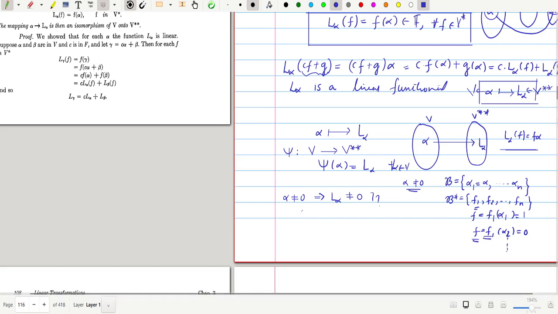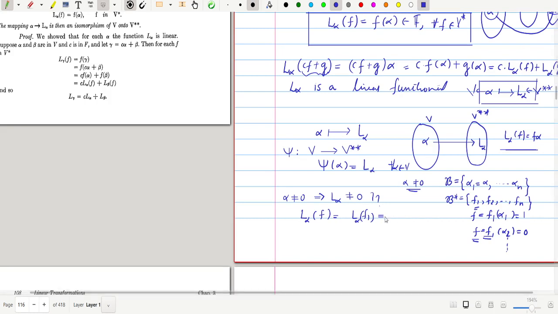Okay, then what is L alpha of that quantity? L alpha of f is same as L alpha of f1, because f and f1 are same. Then this will be f1 of alpha. What is f1 of alpha? F1 of alpha is same as f1 of alpha 1. What is f1 of alpha 1? F1 of alpha 1 is 1. Then this is equal to 1.